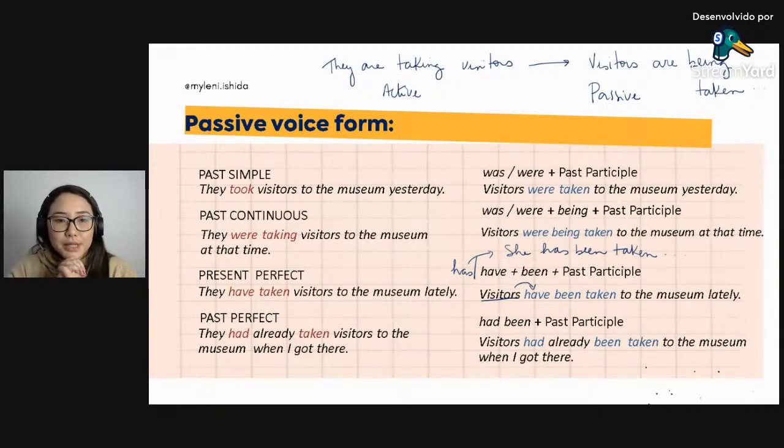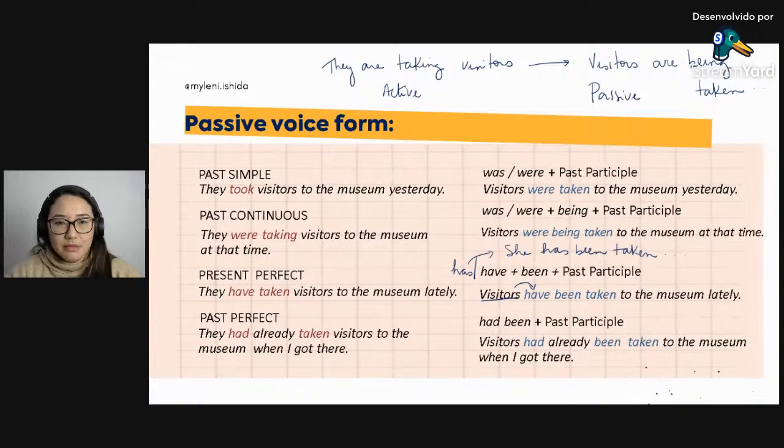So, for example, they took visitors to the museum. Então, eles levaram os visitantes. Os visitantes foram levados. The structure is the same as in Portuguese, and this is easier for us who speak Portuguese, right? Imagine if you were Chinese and you had to learn English. You would have to learn a completely different alphabet, okay? If you think this is a challenging topic, it's just a matter of practice, okay? So keep going. And congratulations, you are here, right?